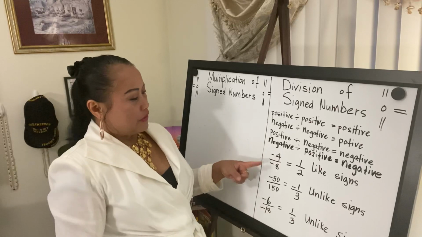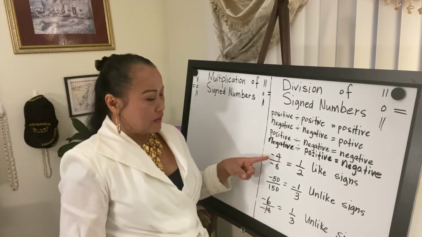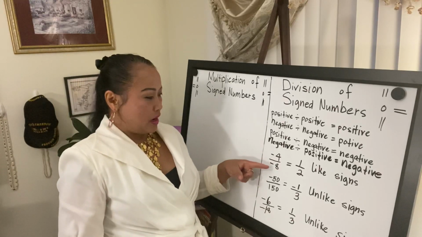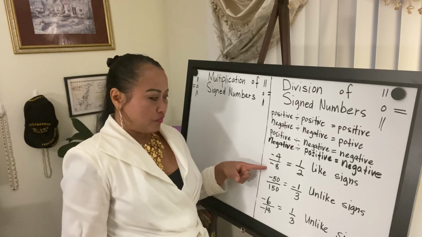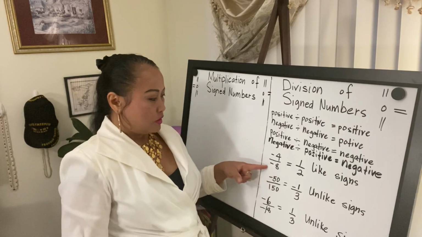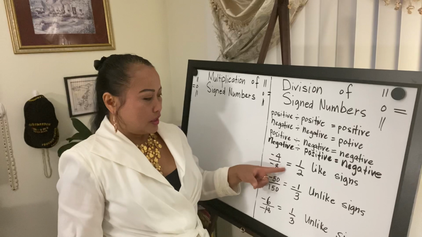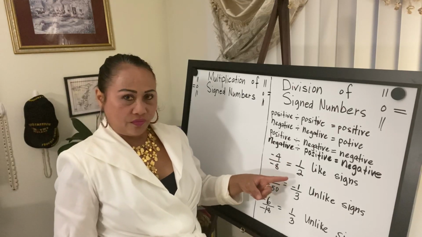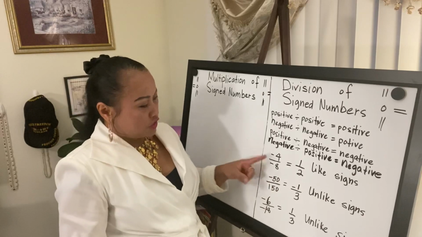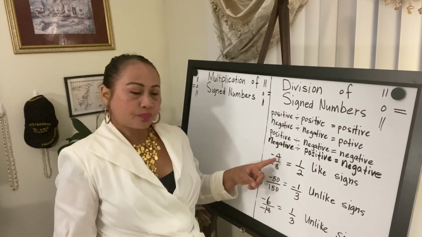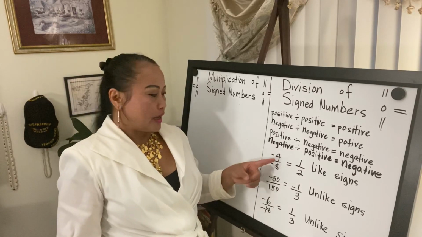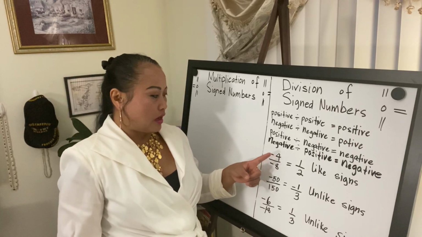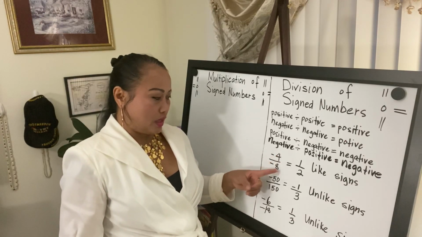Okay, let's have an example in here. 4 divided by negative 8. So the answer is positive 1/2. This one, you have to take note, the numerator is lesser than the denominator.